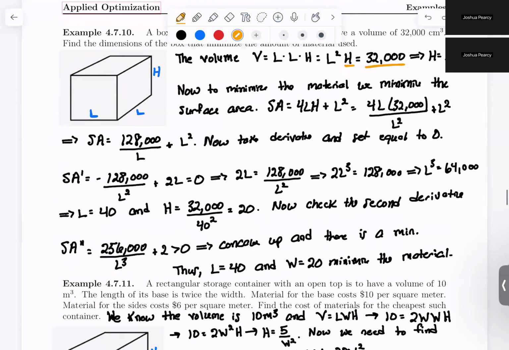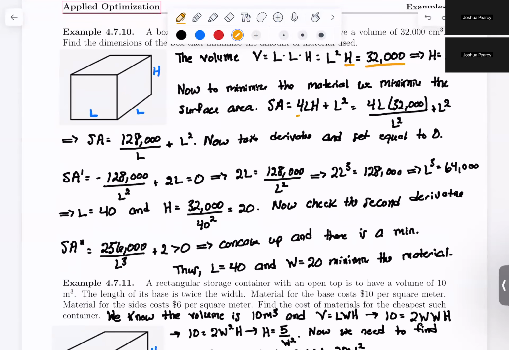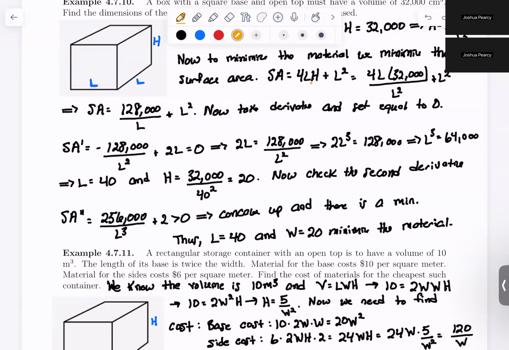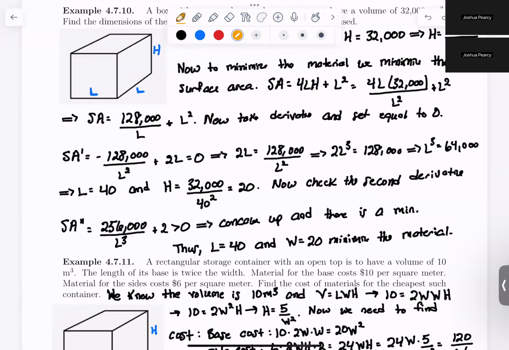So the surface area is equal to 4 times LH, and there's 4 of them, and then we have L squared, which is the square base. But first, we want to plug in our expression for H in terms of L. If we do that, we get that the surface area is equal to 128,000 divided by L plus L squared. So now we have a formula for the surface area in terms of L alone.